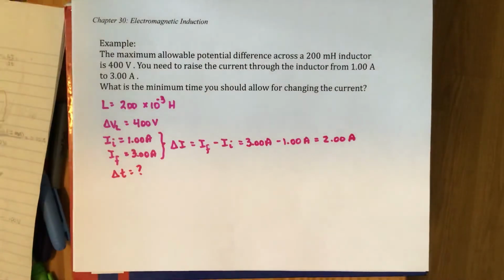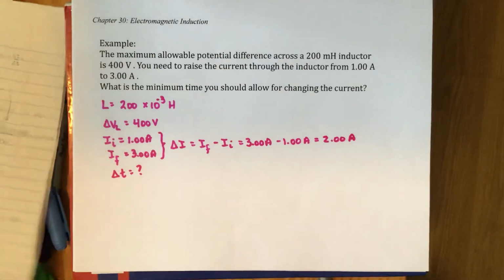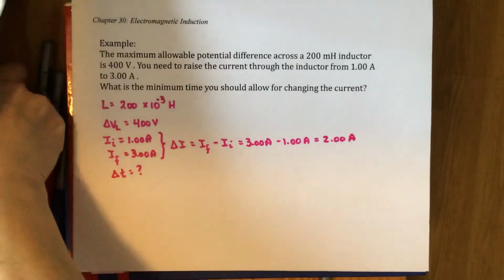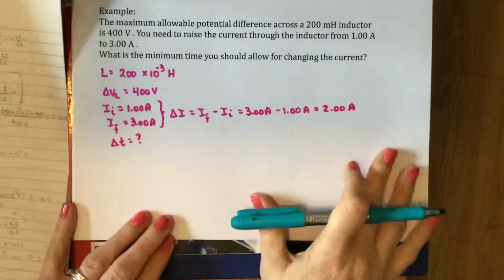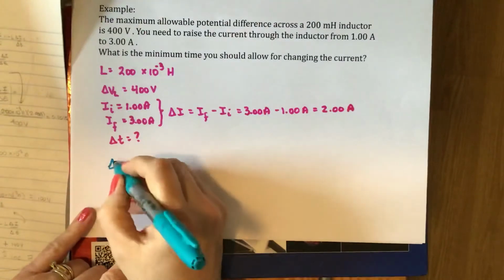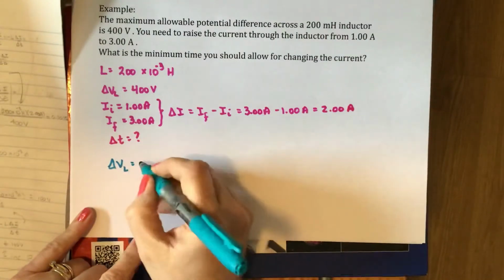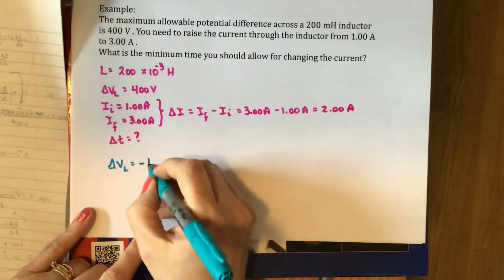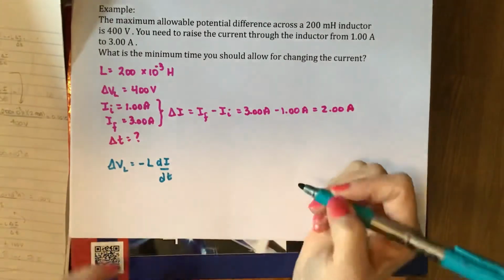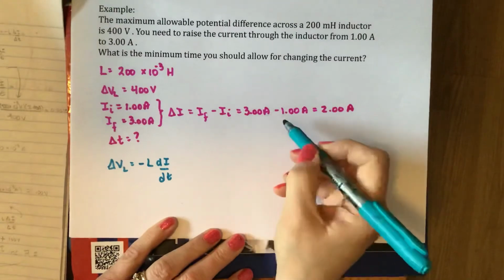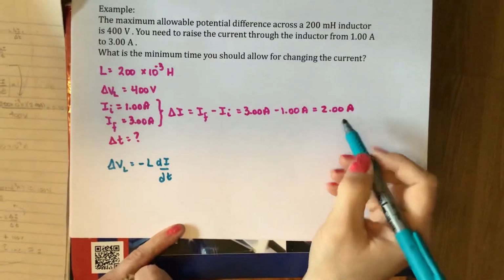So let's write down what we know for the induced potential across the two ends of an inductor. The induced potential across the ends of an inductor, delta V for the inductor, is minus L di dt, so change in current over change in time. We don't have a function for current. We have two discrete points.